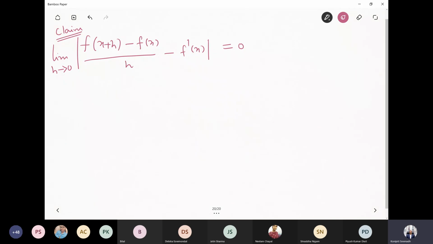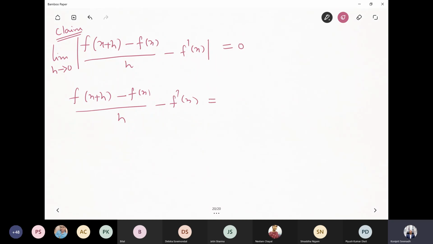So what is this factor? f of x plus h minus f x upon h minus f prime x. Look at f of x plus h minus f x. When you subtract this, the constant term goes away.